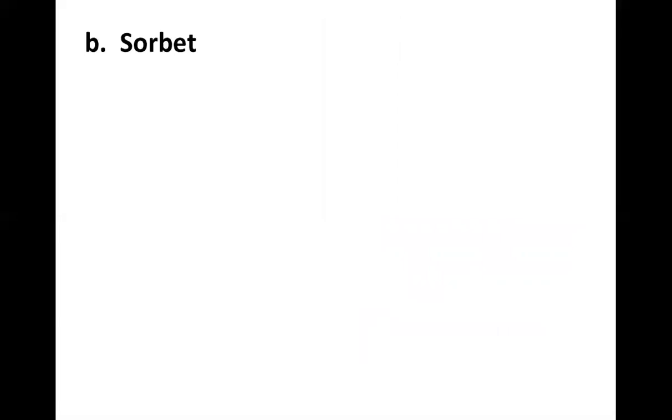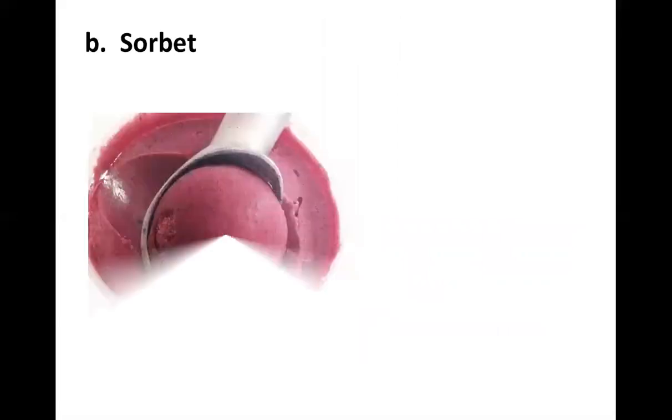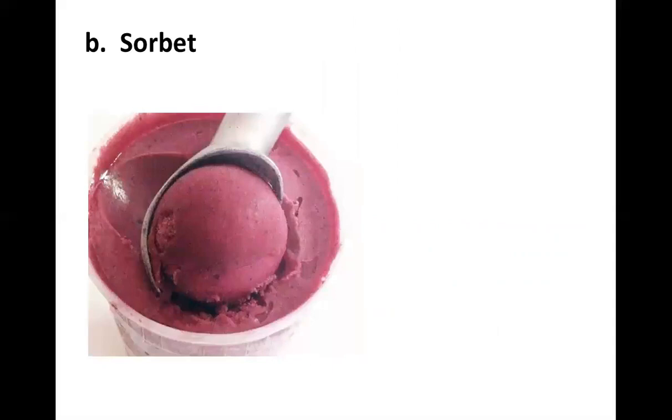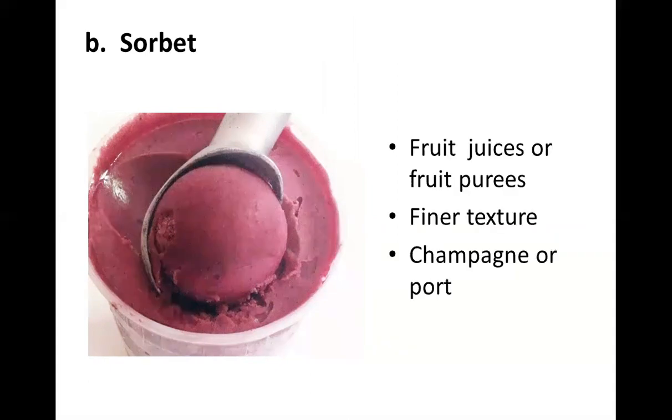Next one is a sorbet. Sorbet is based on fruit juices or fruit purees. Sorbet has a finer texture than granite. The refined texture of sorbet is a product of egg white, which inhibits the formation of very large crystals.